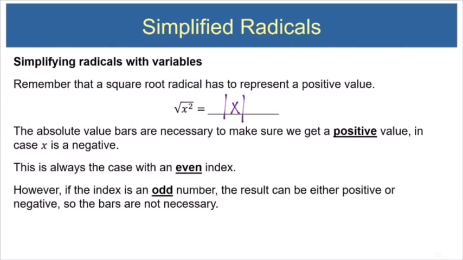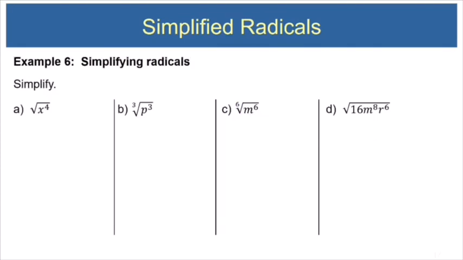So again, this only comes up when we're doing an even root. It does not happen when we're considering an odd root. So let's look at example 6 together, and the instructions just say simplify. So we'll apply the absolute value bars whenever we need to, but then if we can drop them at the end and still be guaranteed a positive number, then we'll do that.